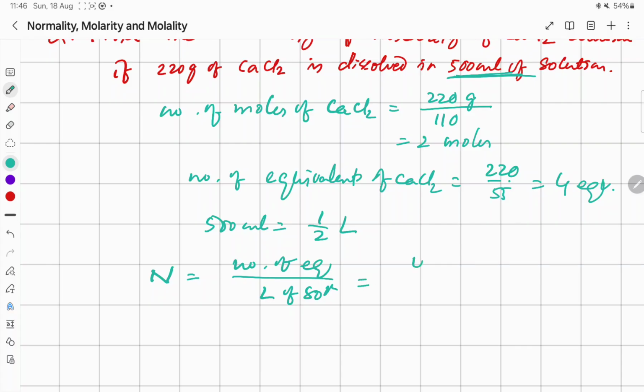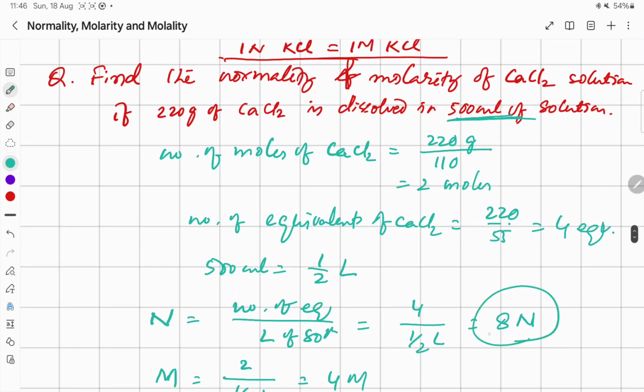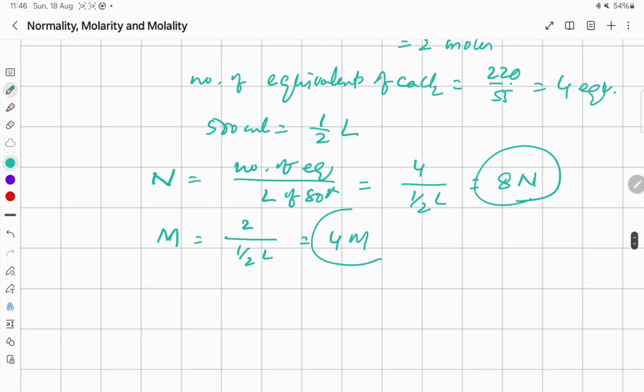So here number of equivalents is 4 and it is half liter, so it will be 8 normal. And for calculation of molarity, number of moles is 2 by half liter, so it will be 4 molar. So the solution given is 8 normal and 4 molar.